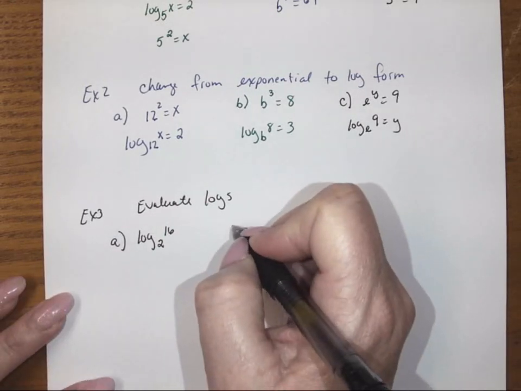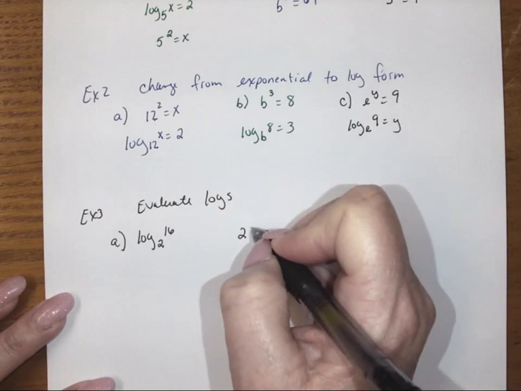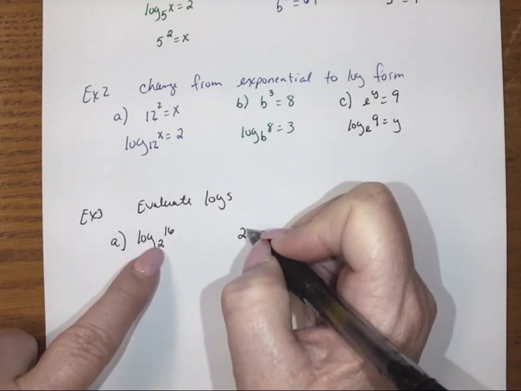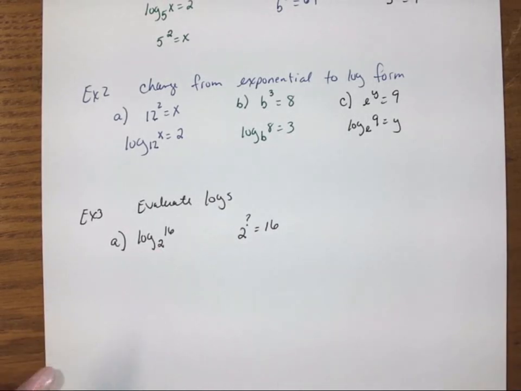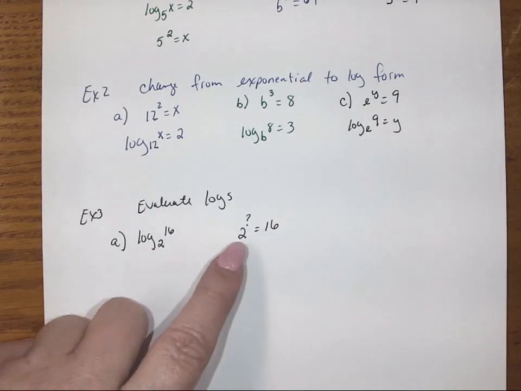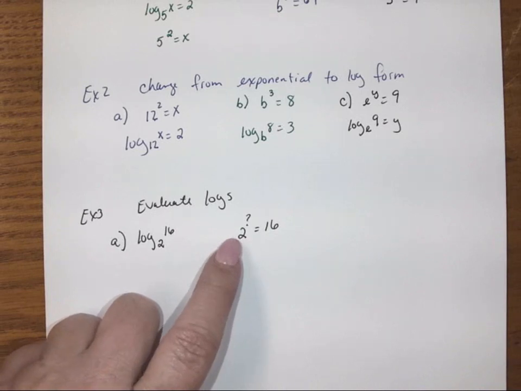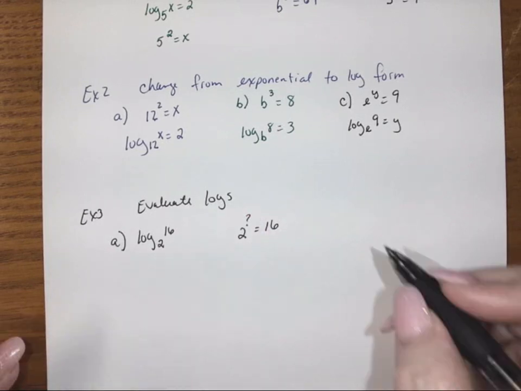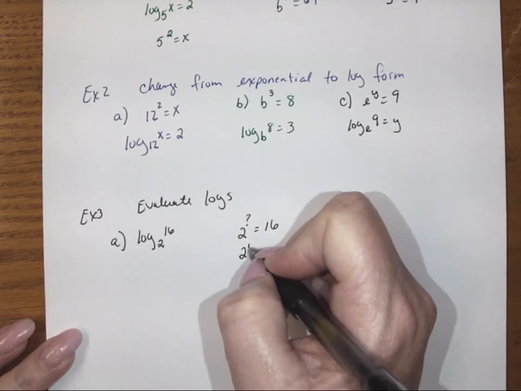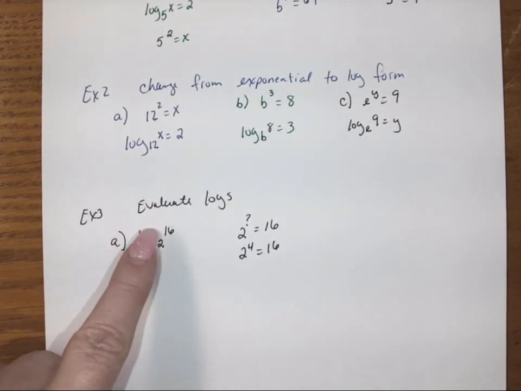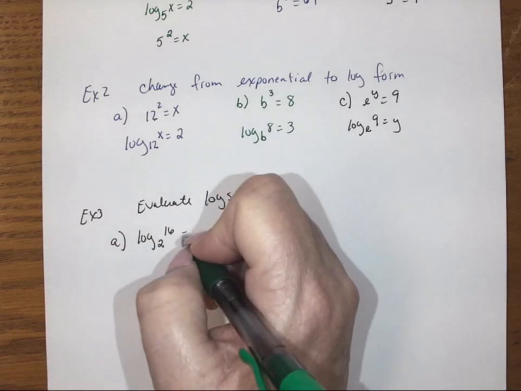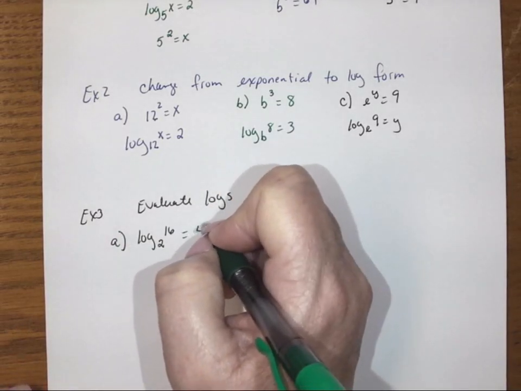So we can look at this as 2, because that's our base, to what power equals 16? Well, if we look at it mathematically, 2 to the 4th power equals 16. So 2 to the 4th equals 16. That tells us that log base 2 of 16 is equal to 4.